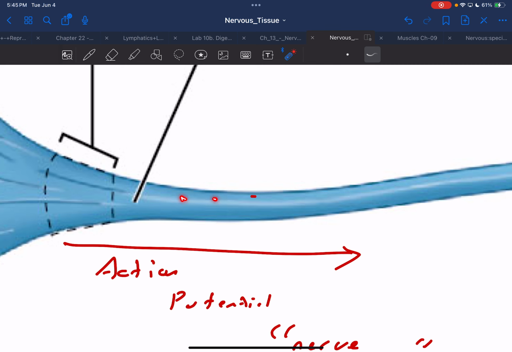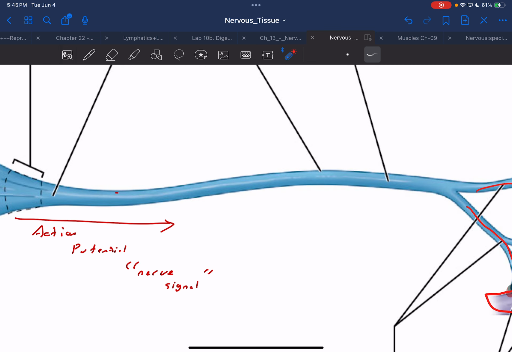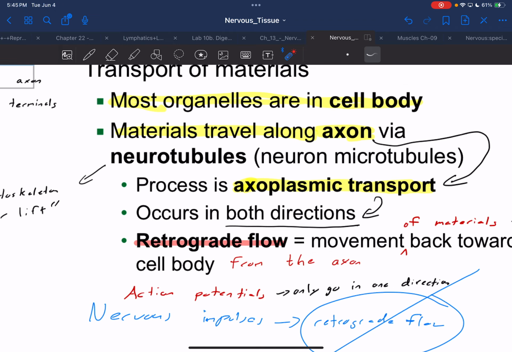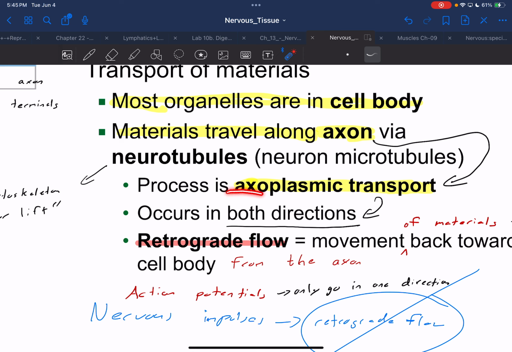And inside of it exists a bunch of structures and materials, such as ions and nutrients like carbs, proteins, and lipids, fats. And so they're all inside of these spaces. Neurotransmitters might be flowing through here.